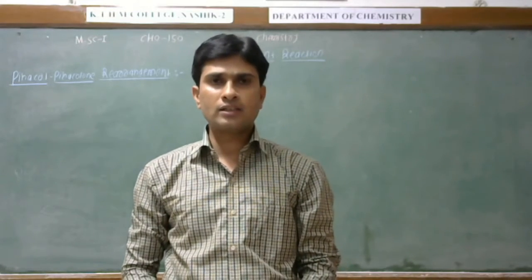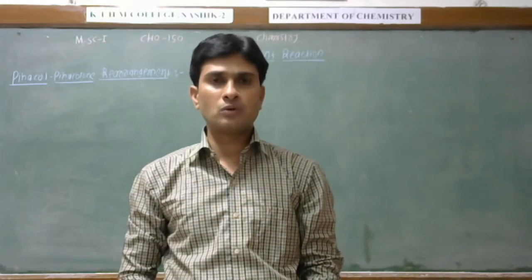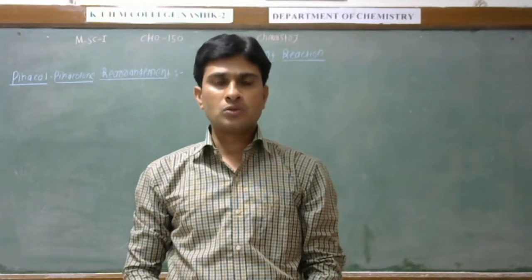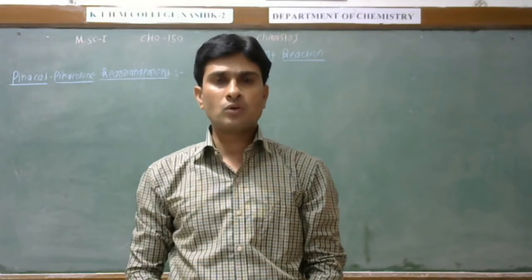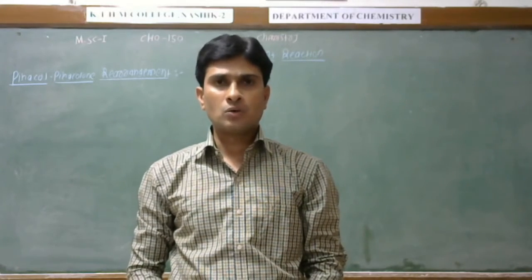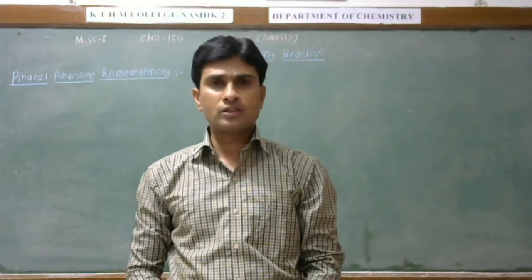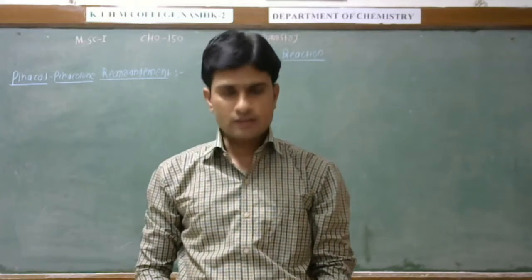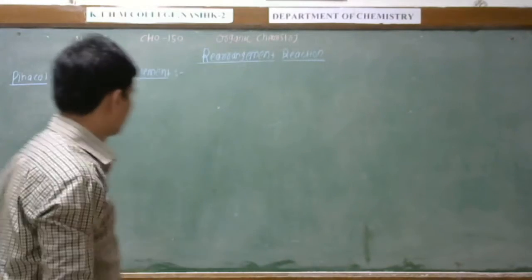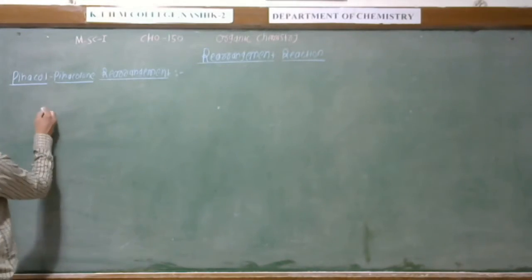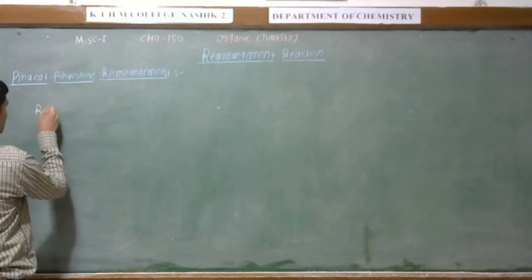Friend, this reaction is also known as pinacolic rearrangement. So here is the conversion of pinacol to the pinacolone. Pinacol is the tertiary 1,2-diol. Let us see here the conversion. See, this is R group here.